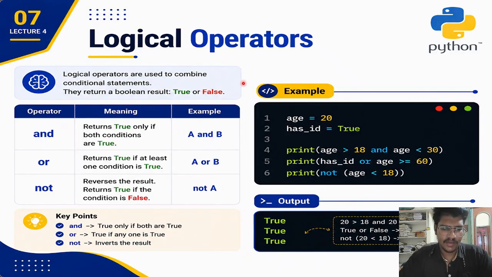For NOT, it is the reverse. Like you want to go outside if it is not raining. So it's like this.